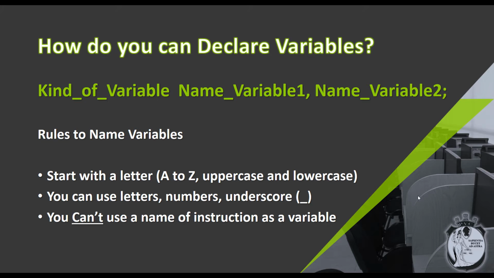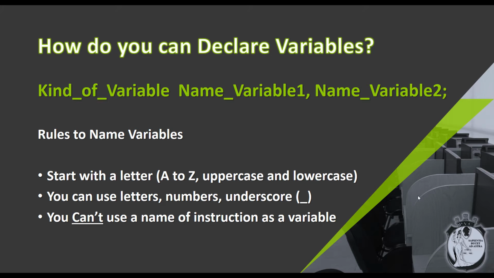You need to first define what kind of variable we will use. For example, entero, flotante, or character. Now you need to use the space bar, and now type the name of the variable.